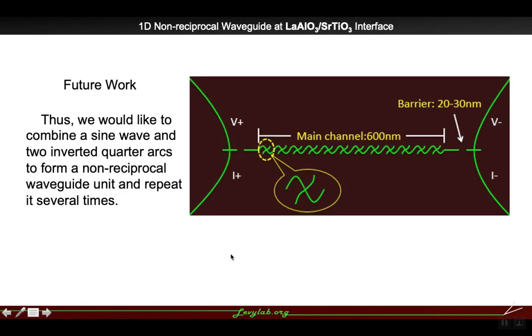That's our future work. We want to combine a sine wave with two inverted quarter arcs. When we combine them, it can form a non-reciprocal waveguide unit, and when we repeat it several times, it can form a new main channel, and we want to see what will happen in this new pattern.